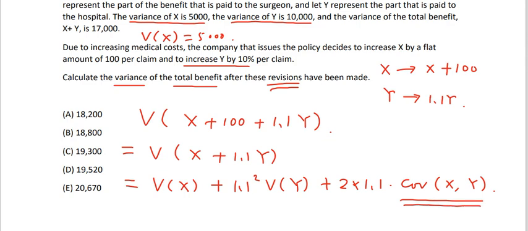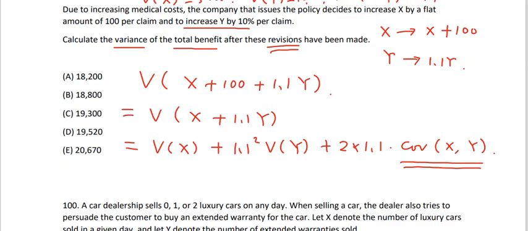So we know these things. We know Vx, Vy, and V(X plus Y). So from here we can find the covariance. So let's say, according to the formula, what is V(X plus Y)?